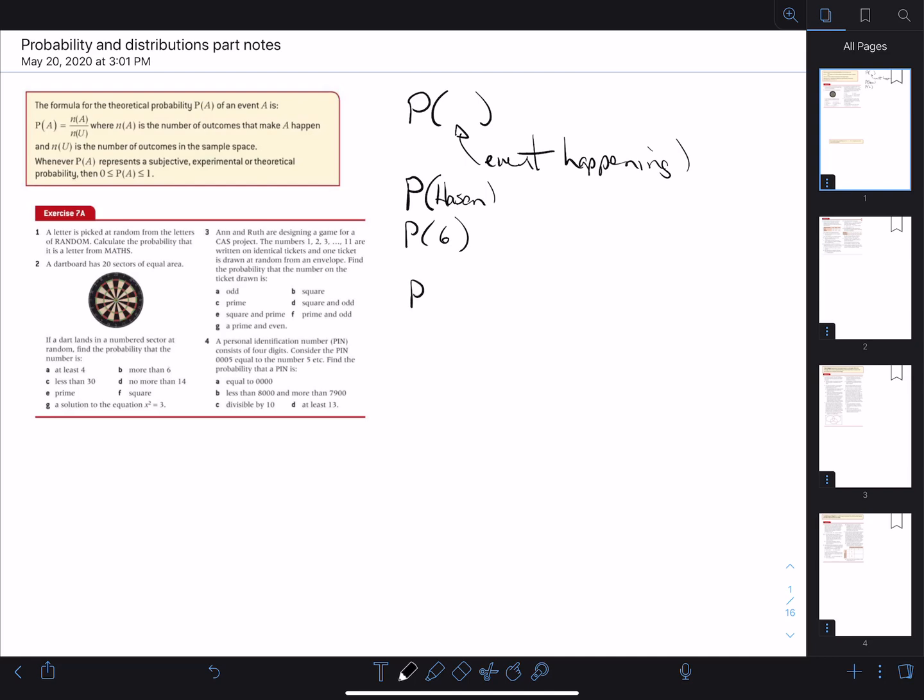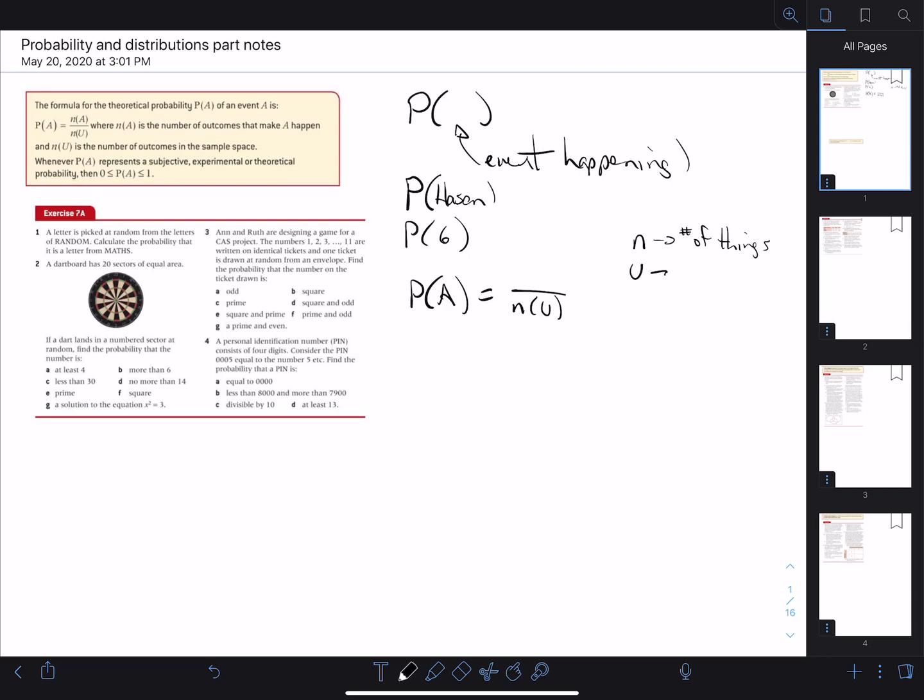And a probability is calculated, so probability of event A, they'll often use A, B, C, D, is out of the total number of things, which we write like this. If you count all the possible outcomes, that would be this. So N is the number of events or things. Again, the brackets explain what you are counting.